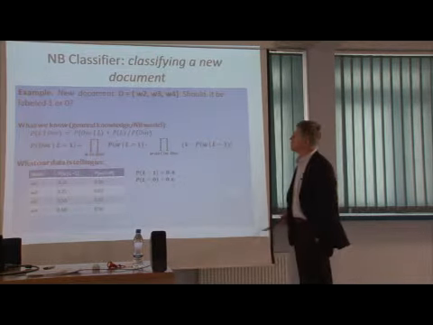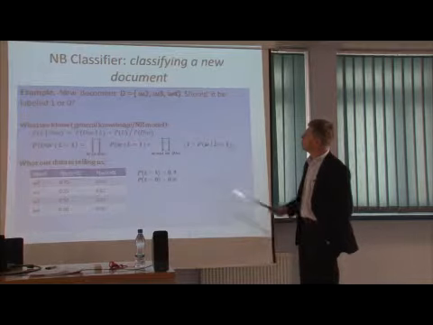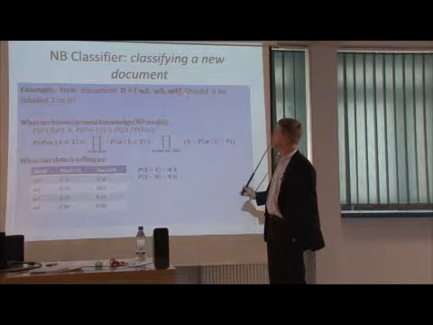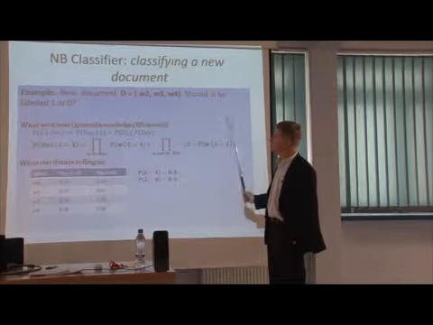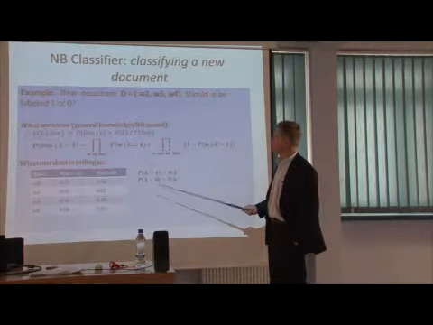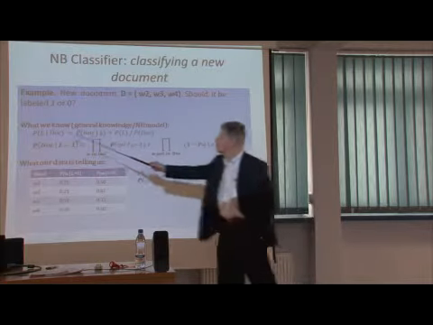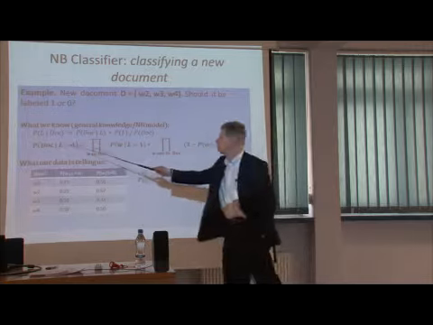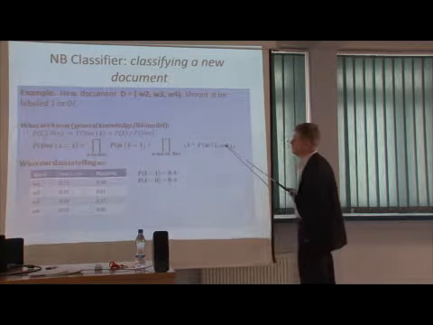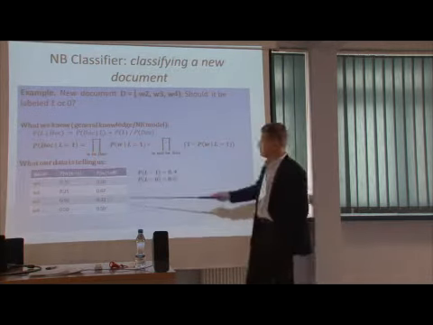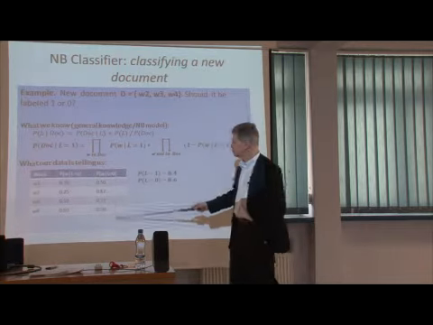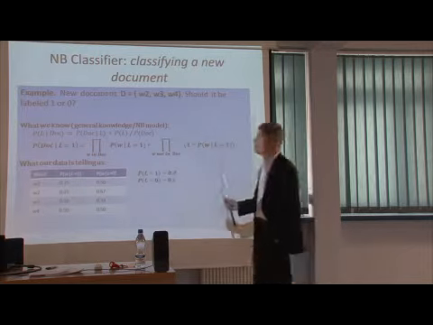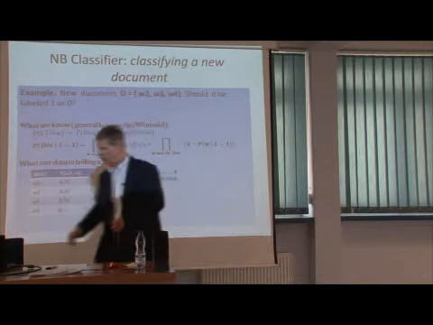So let's look at an example. We have a new document. It has words 2, 3, and 4. Should it be labeled 1 or 0? This is the Bayes formula. This is the naive Bayes formula. This is our data. This is the probability of a label. So we're going to substitute these numbers.